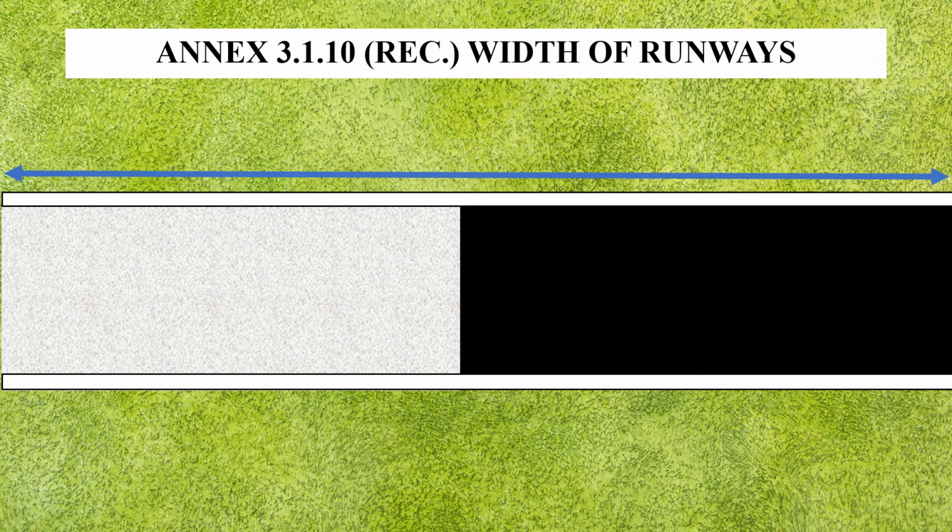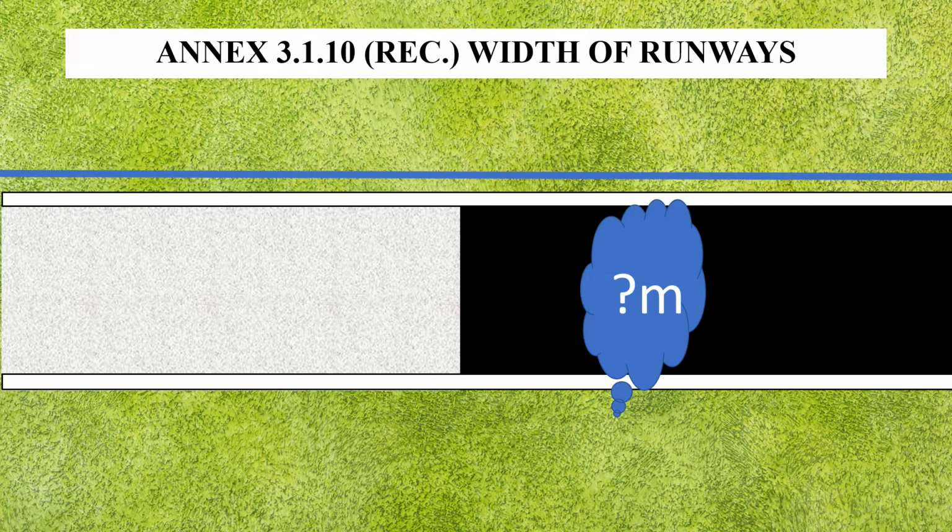Thus, the main determinant of your aerodrome reference code is the runway. So we have been looking at what determines the length of the runway. We have also been looking at how we determine the width of the runway, and we have been thinking about the impact of this when put together.